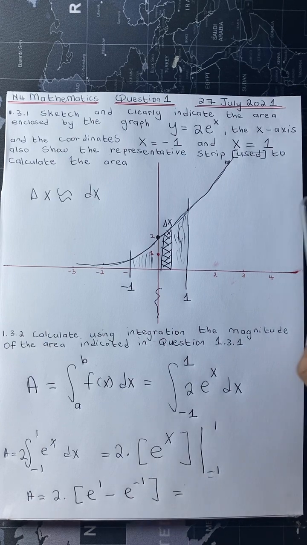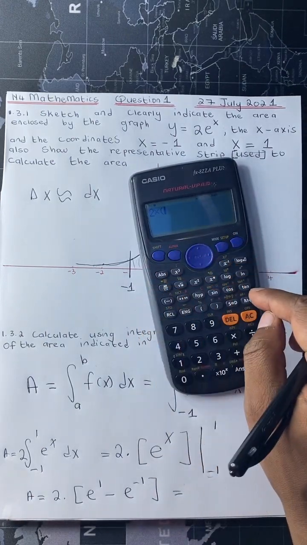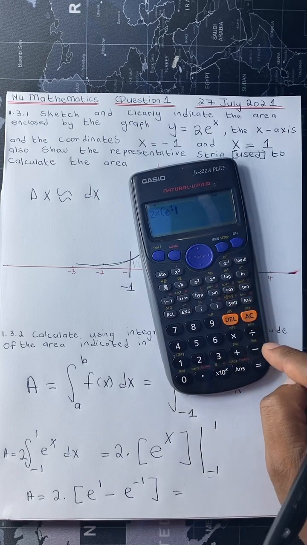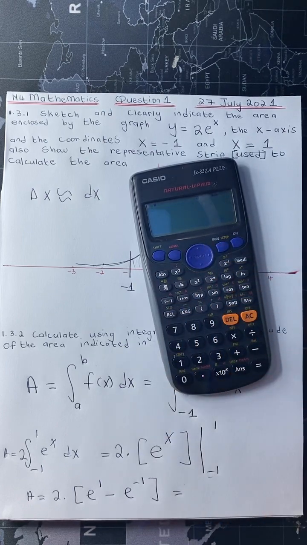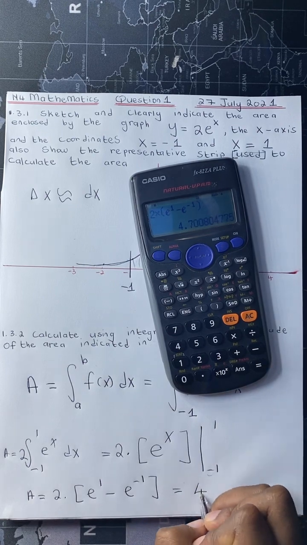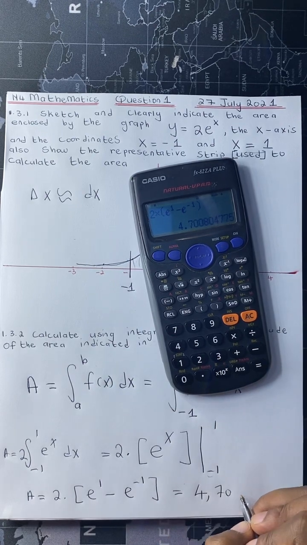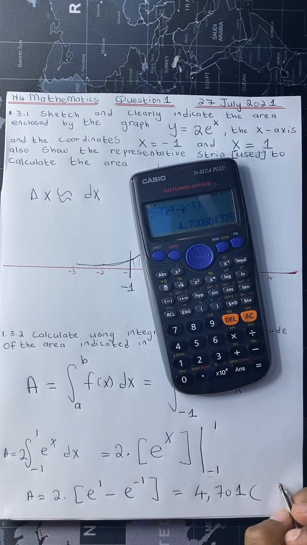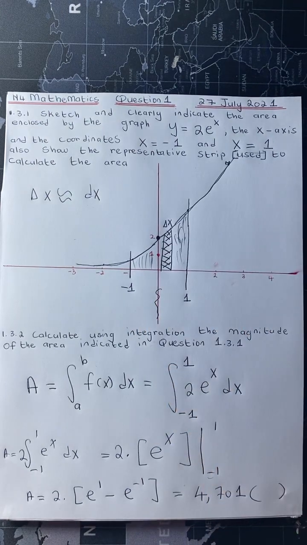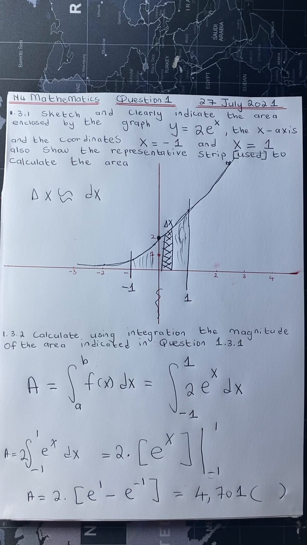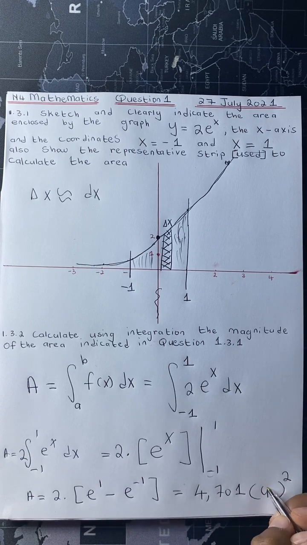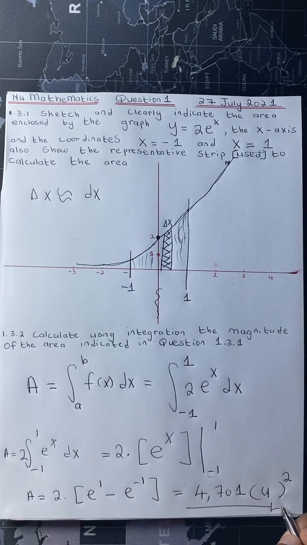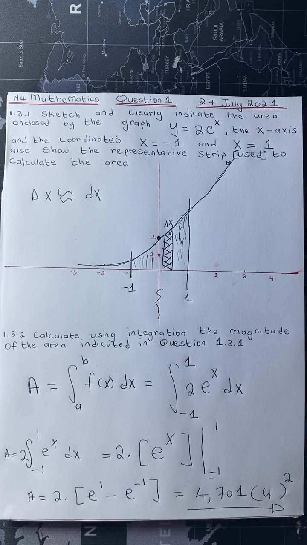And this will be equal to, so our area will be equal to 4,701. And since area is calculated in centimeter square or millimeter square, in this case we are not given any SI units, so we'll just use u squared. So u for unit squared. So this will be our answer for question 1.3.2.